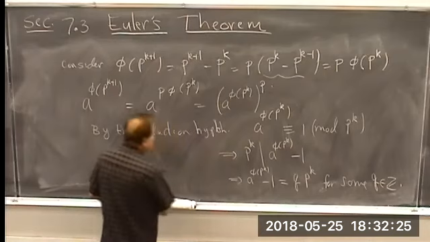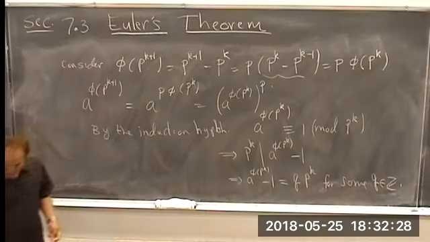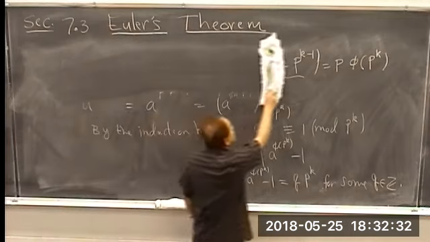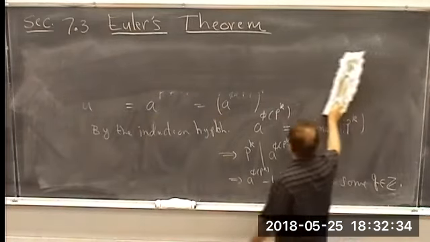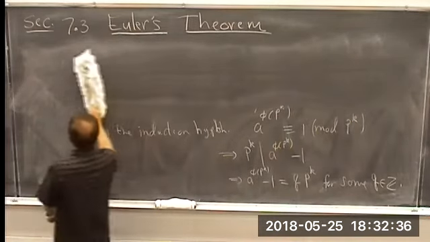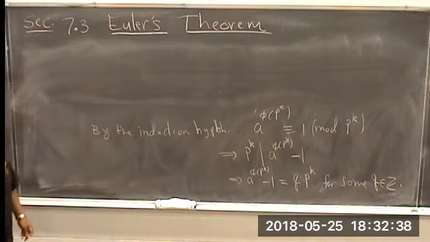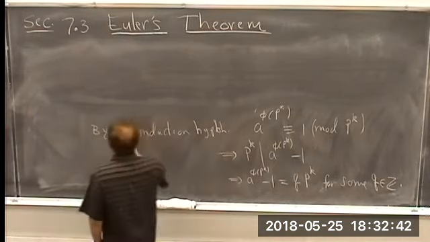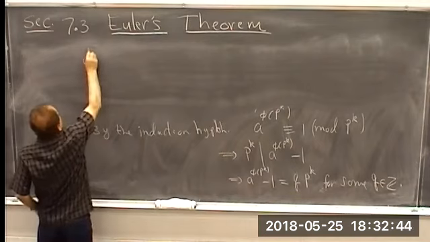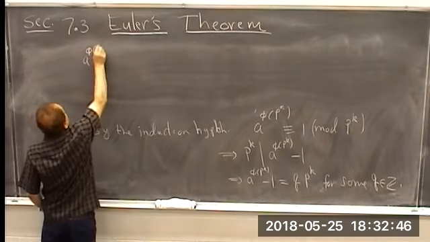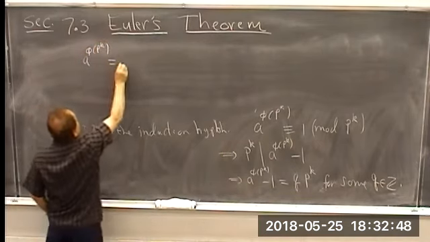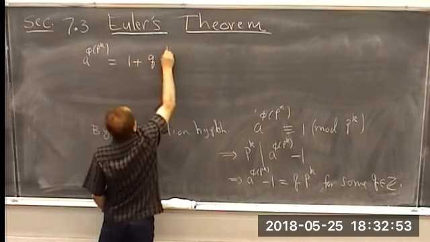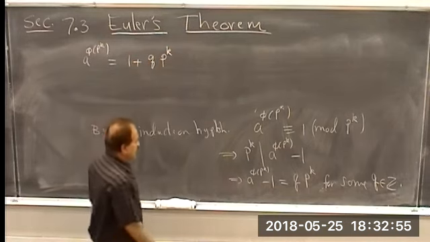One other thing in here, let me go up. So from this equation, we can say that A to the phi of P to the K is equal to 1 plus Q P to the K. All right?